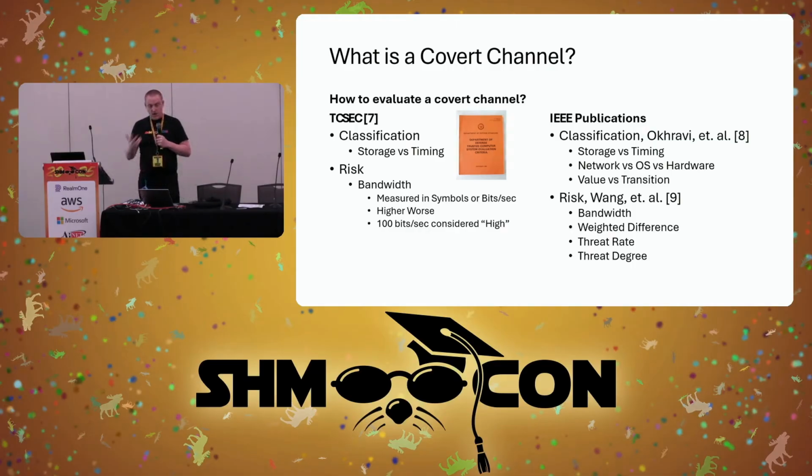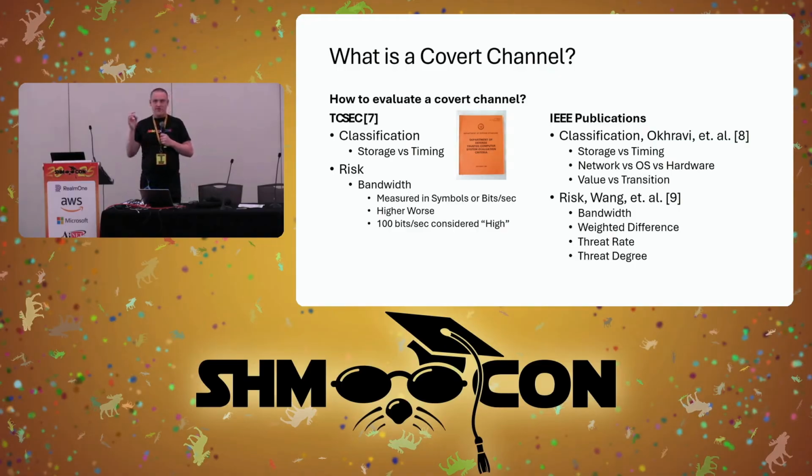And then Wang et al. proposed a risk measure that considered bandwidth not as a static value, but as a function of time. Because during the workday, when systems are live and people are using them, the covert channel being used may be more active and have more bandwidth than later in the day. They also talked about weight difference, which is the sensitivity of the information.